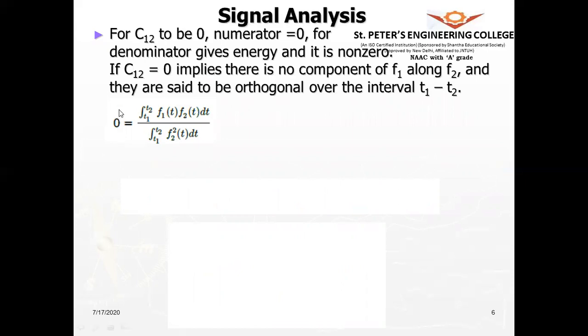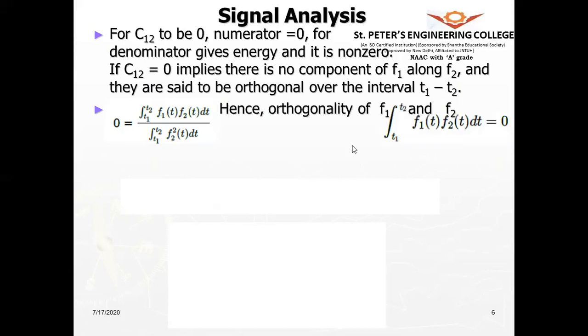And when we say that this projection value C12 is equal to 0, then we say that they are orthogonal. The signals F1 and F2 are orthogonal over the interval T1 to T2. And hence, the orthogonality of F1 and F2 gives the condition that integral T1 to T2 F1 of T F2 of T dt should be equal to 0.